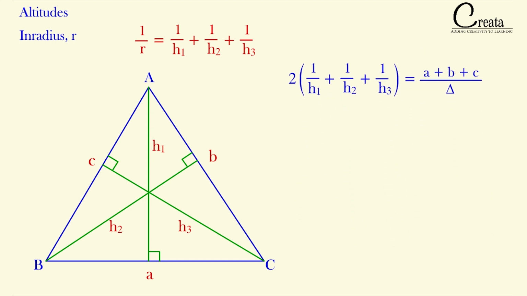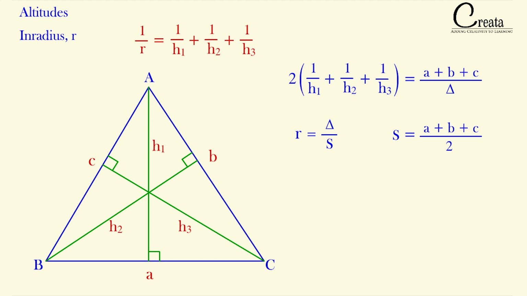Here in the formula, the inradius r is there. So somehow we have to introduce r, that is the inradius, into the formula. And we have studied inradius is equal to delta by S, that is area of the triangle upon the semi-perimeter. And we know semi-perimeter is equal to (A plus B plus C) upon 2.